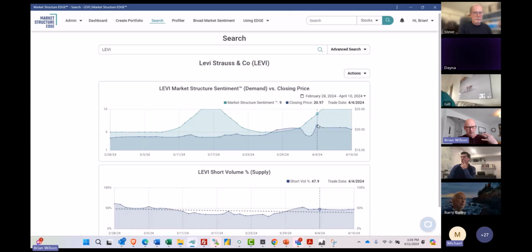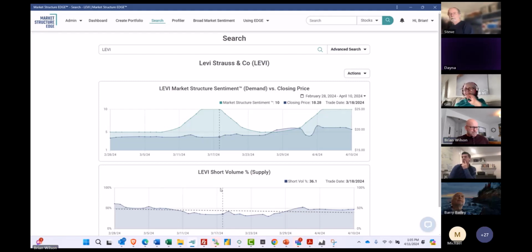Even though you had this incredible upside, now passive investors are overweight in Levi, and over time, might not happen immediately, that will generally cause a little bit of pricing pressure. So that's a great point, John. That probably does play into what's happening with that trading today.